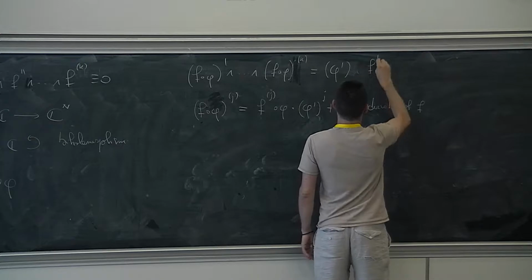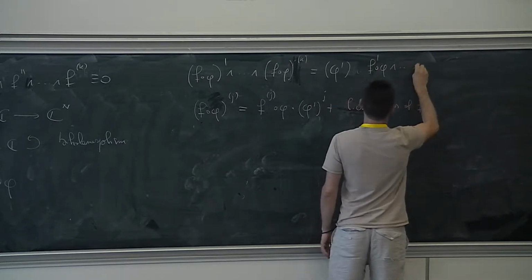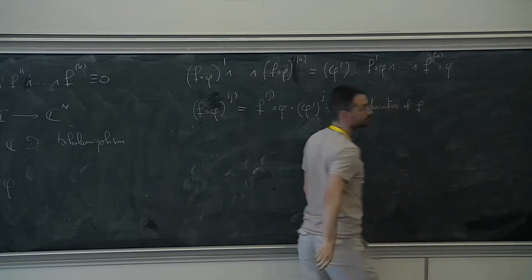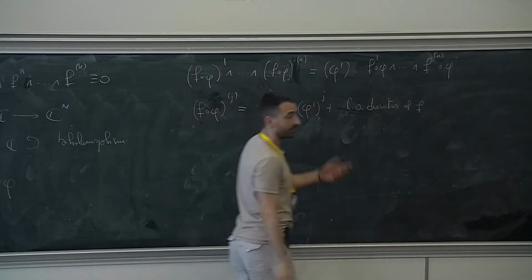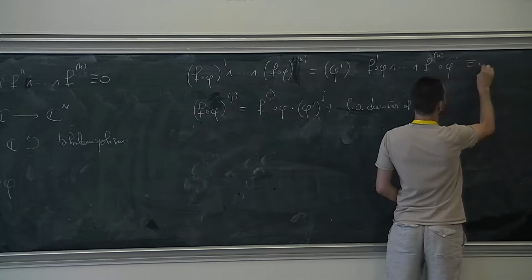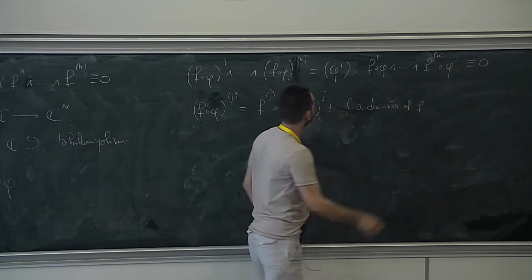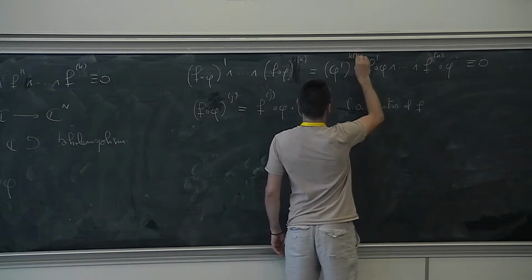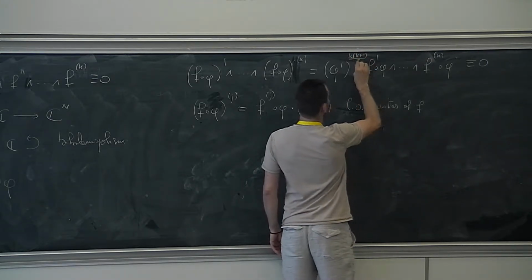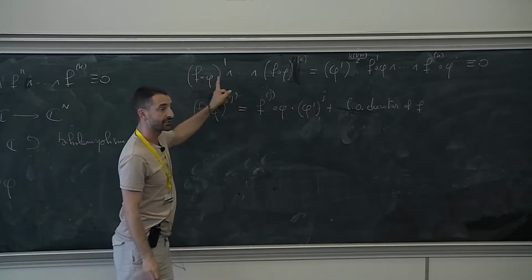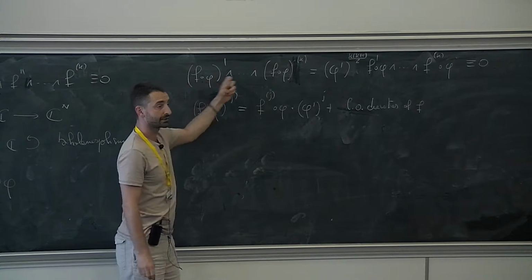And here you have something like this. And of course, this is identically 0. Okay? So what's this number here? It's k times k plus 1 over 2, because you have a jth power for each derivative. So you have 1 here, 2 here, up to k.